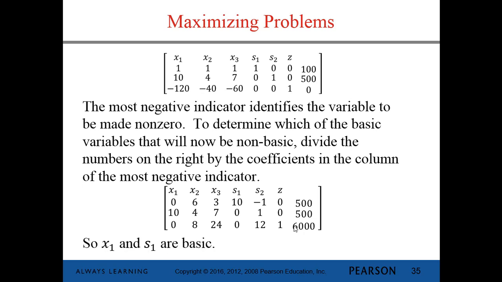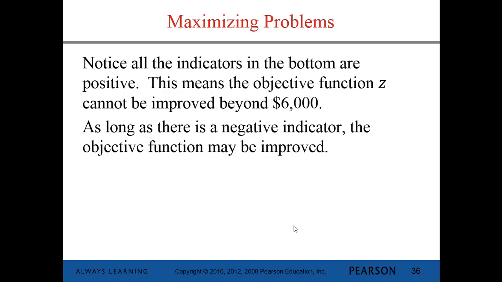Okay, now notice all the indicators in the bottom are positive. That means that the objective function cannot be improved beyond $6,000. As long as there is a negative indicator, the objective function may be improved.